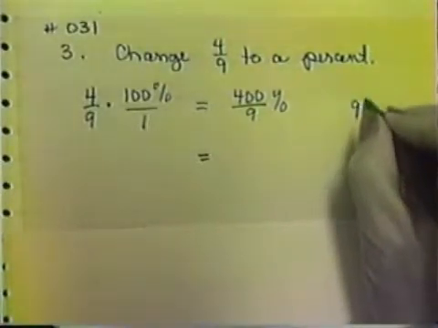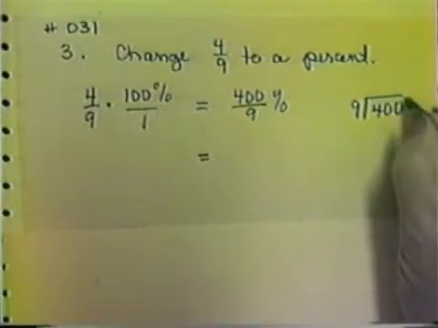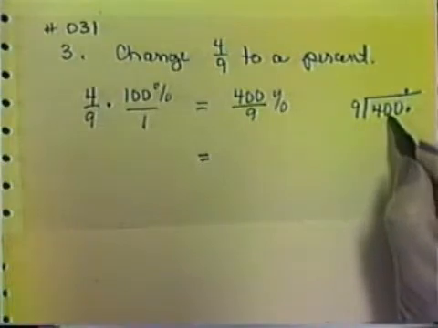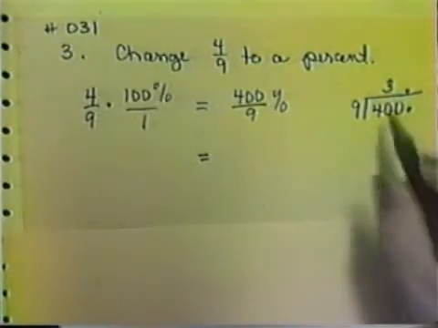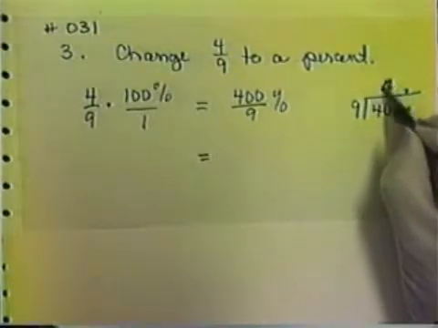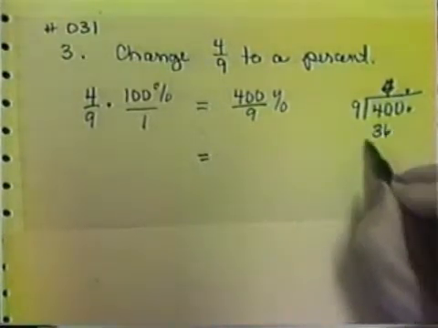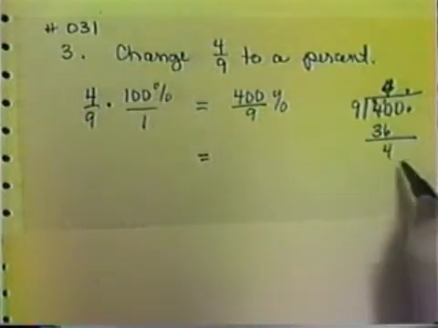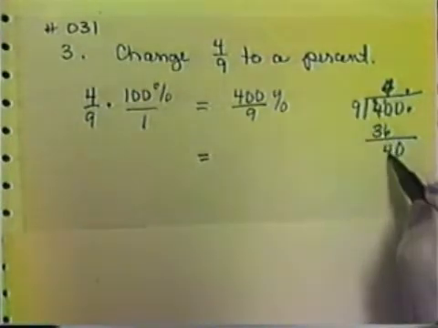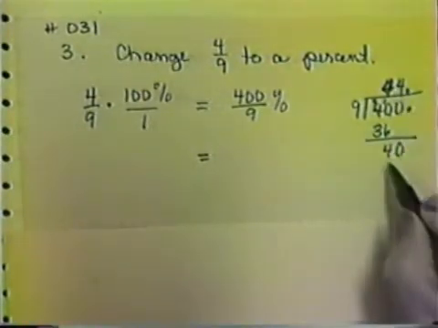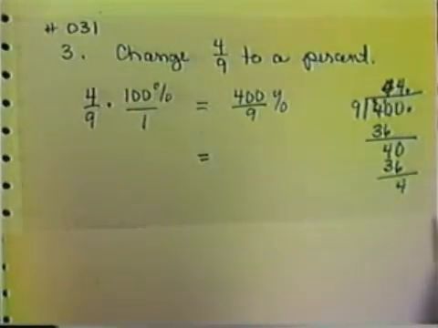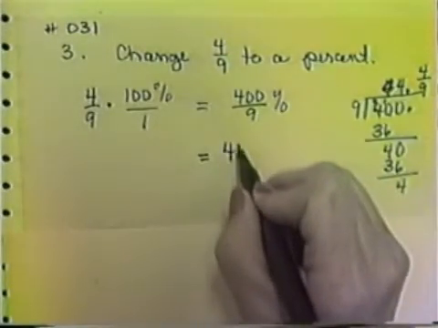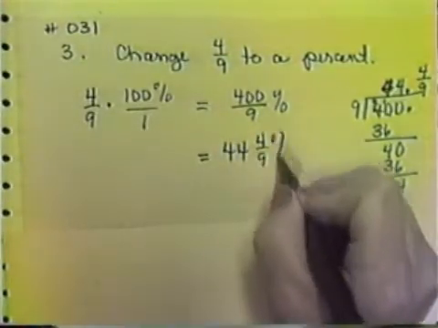So I'm going to have to divide 9 into 400. 9 into 40 goes 4 times. 4 times 9 is 36. Subtract: 40 minus 36 is 4. Bring down the next number. 9 into 40 goes 4 times. Gives me 36. Remainder 4. Now remember, we always put the remainder over the divisor. So we get 44 and 4/9%.